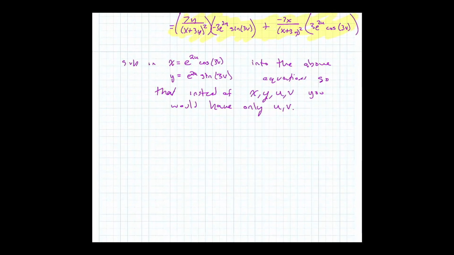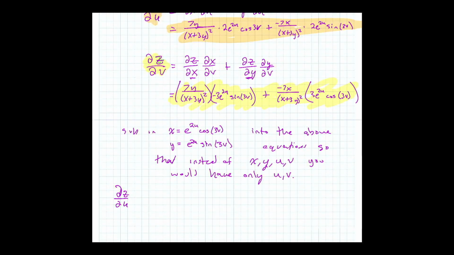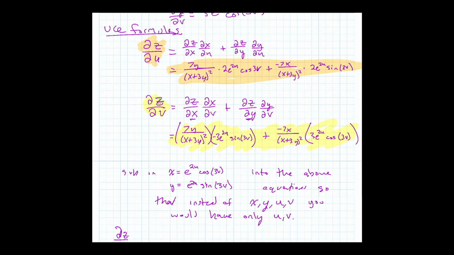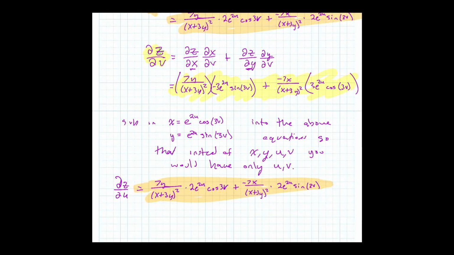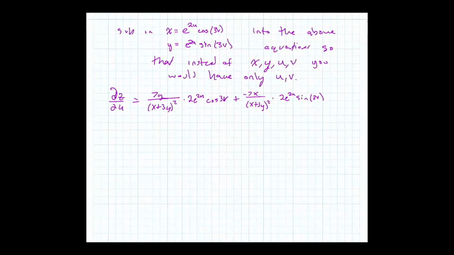So if I do partial z with respect to u, let me just copy it, duplicate it. This is what we have. And if you put in your x and your y, that gets pretty complicated right away, right?